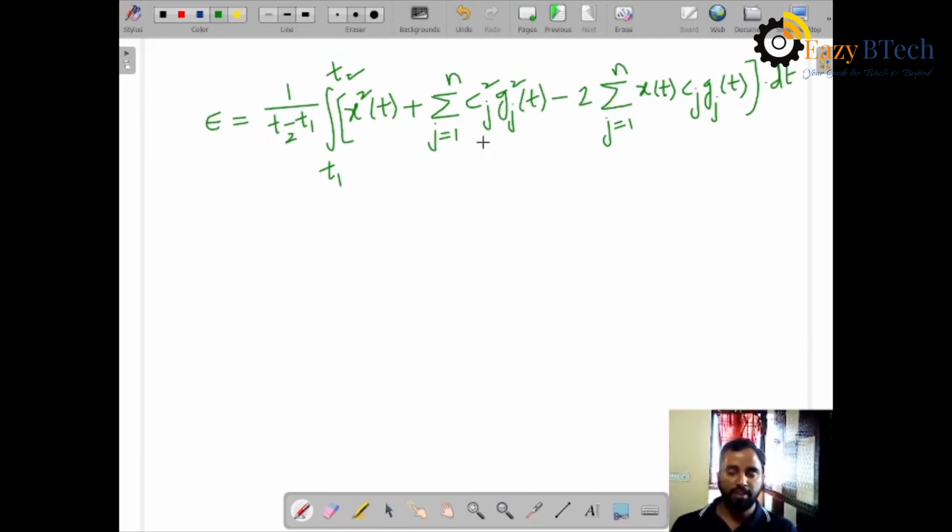Now we are going to simplify it. Here we have three terms. This is the first one, this is the second term, and this is the third term.